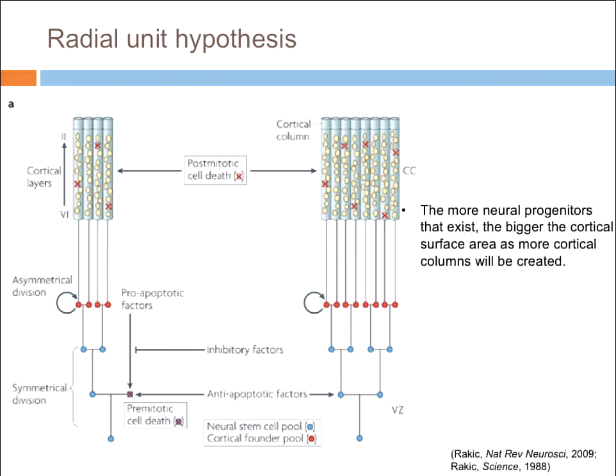So if I increase the number of proliferative neural progenitor cells, I get an increased cortical surface area in this hypothesis. And if some of those neural progenitor cells die, so maybe they have premitotic cell death from apoptotic factors, then I get a decreased cortical surface area here. So this radial unit hypothesis says that the more proliferative neural progenitors you have, the bigger your cortical surface area.